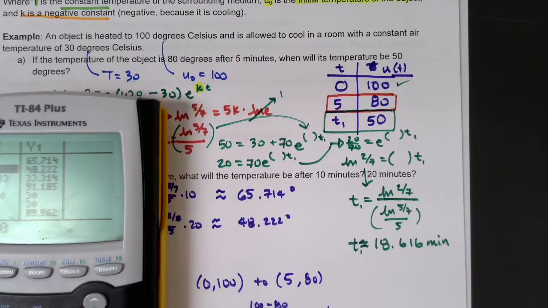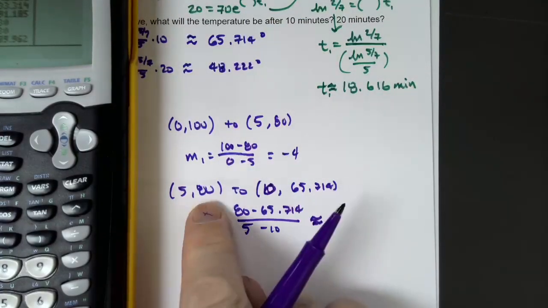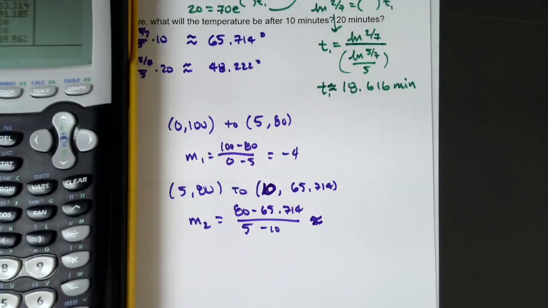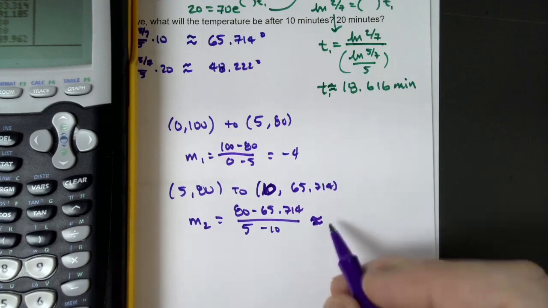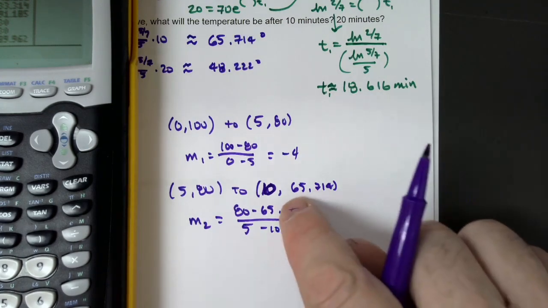So let's calculate the slope there. M2 equals 80 minus 65.714, all divided by 5 minus 10. Let's just do it in our head because we're just comparing. 5 and 80, 10, and 65 degrees.